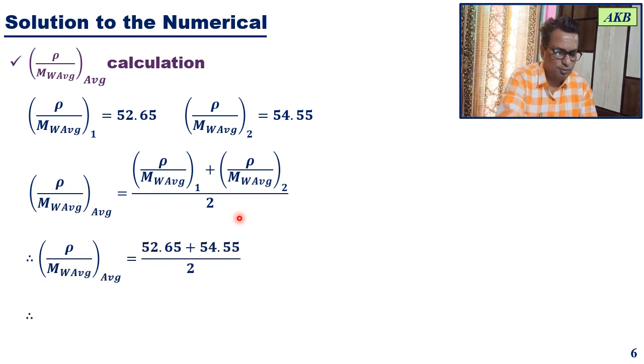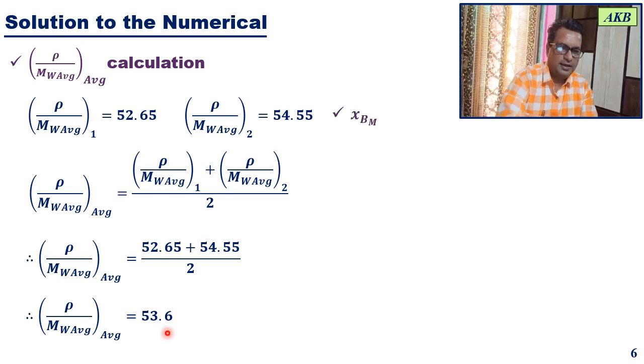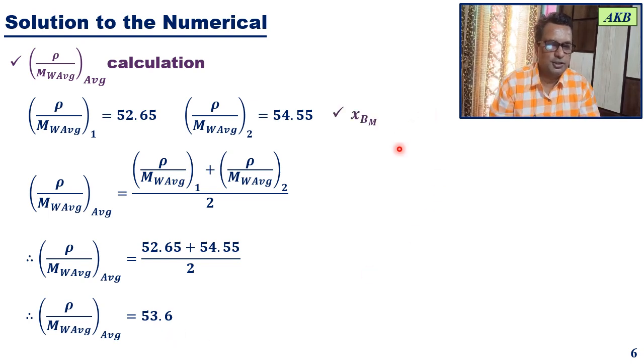If you put all the known values, that is (52.65 plus 54.55) divided by 2, which comes out to be 53.6. Thus, rho upon MW average value is 53.6.